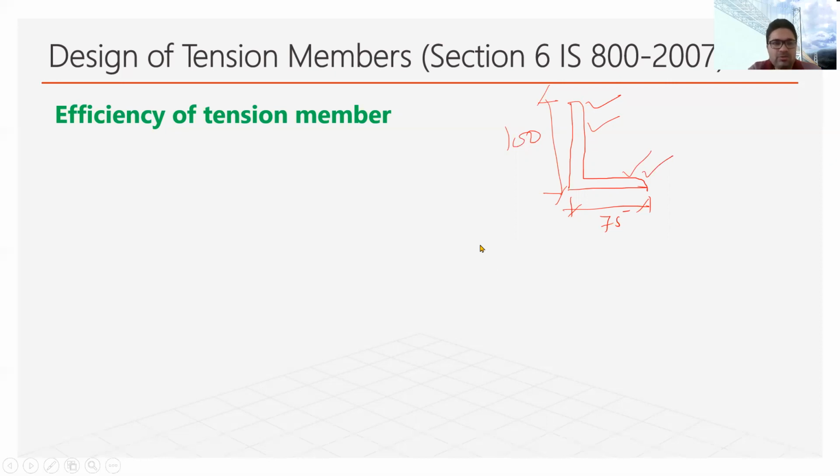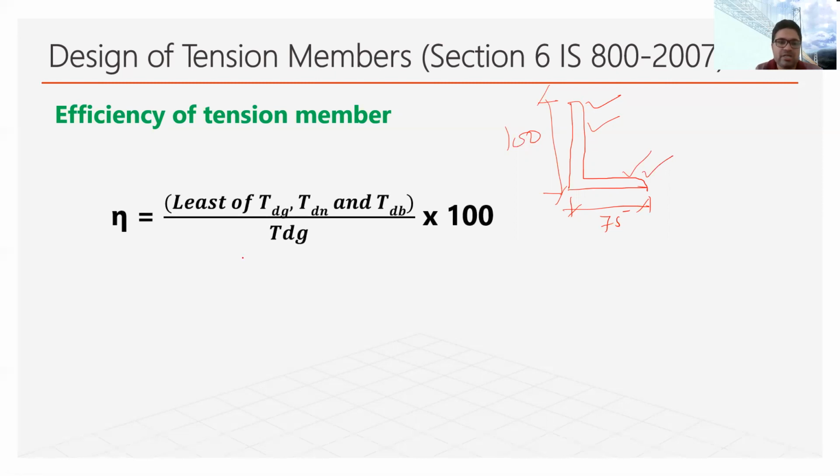The formula to calculate the efficiency of the tension member is this one. We represent efficiency by eta, and eta equals the least of Tdg, Tdn, Tdb, divided by Tdg. Tdg is the gross yield strength, Tdn is the net rupture strength and Tdb is the block shear strength.